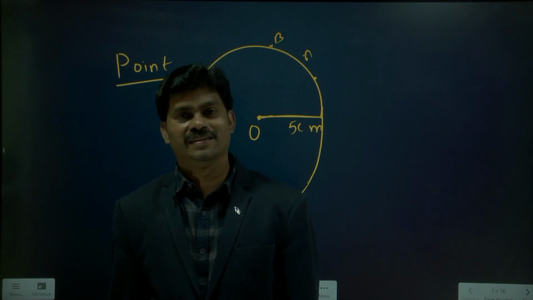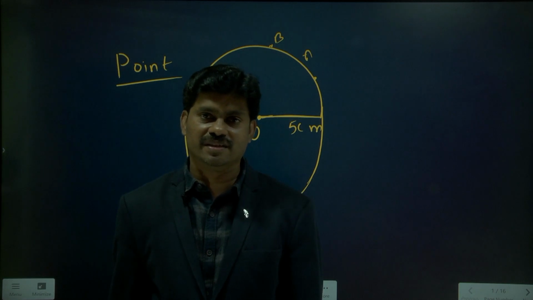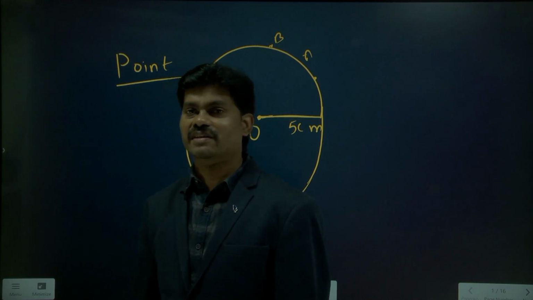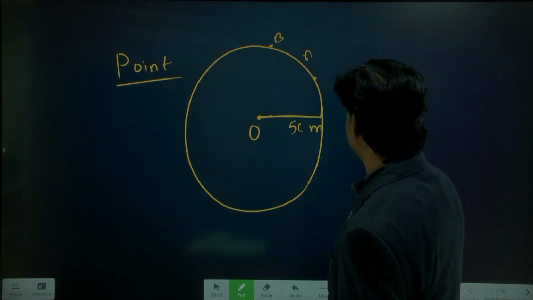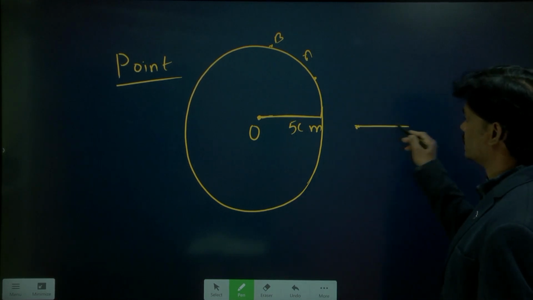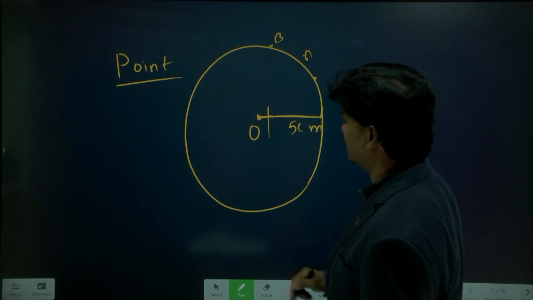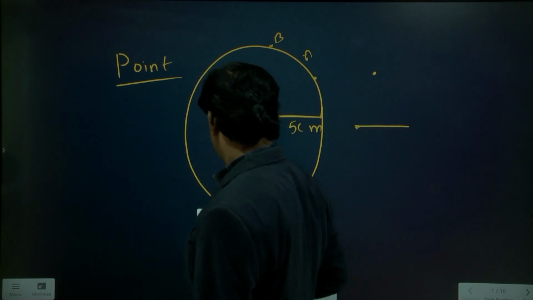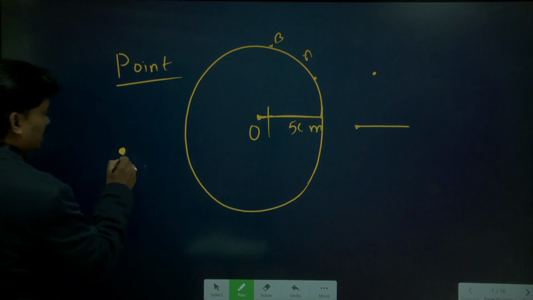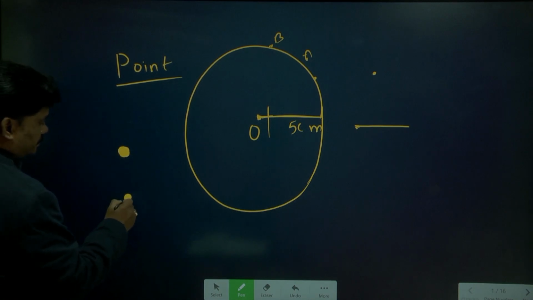What is 0 centimeters? Can we draw a circle with the radius 0 centimeters? Can I try to draw? Where is 0 here? This is the 5. So 0 is that only. So I can't draw a circle. I just keep a point like this. I keep a center point like this.